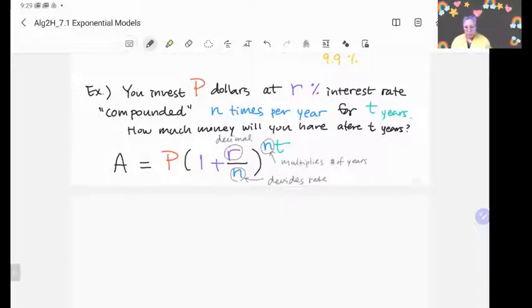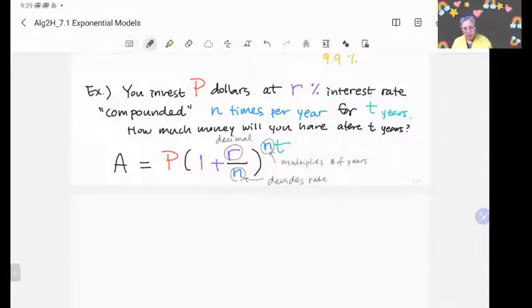Also, since the compounded interest happens more than once over the year, and you have a certain amount of time over several years, the total number of times that you get the interest is how many times it happens per year and how many years that happened. So that's why it multiplies on top.